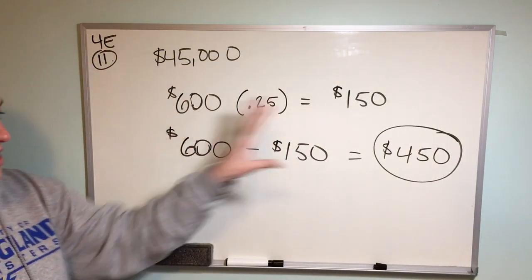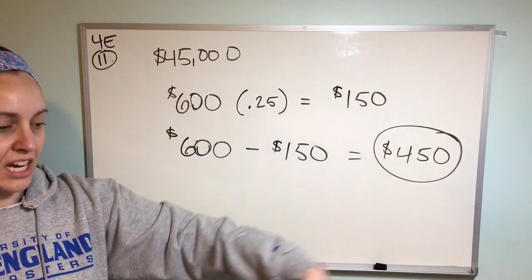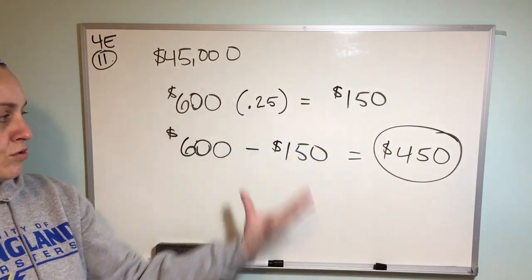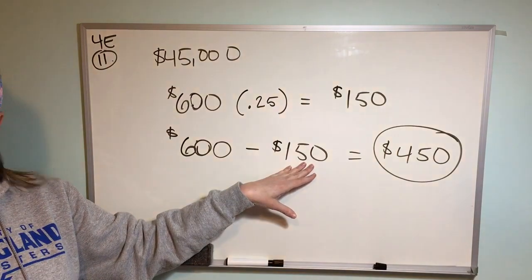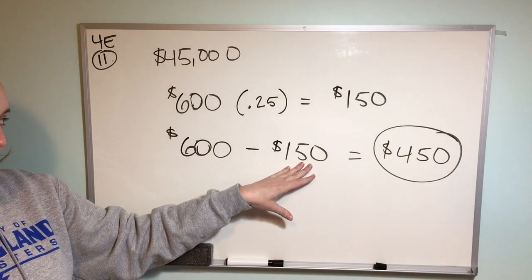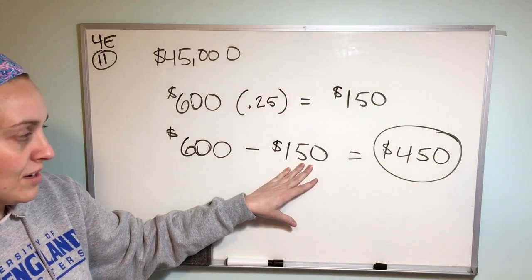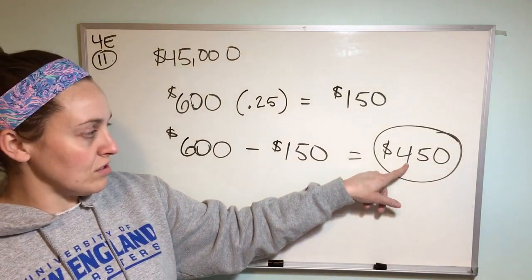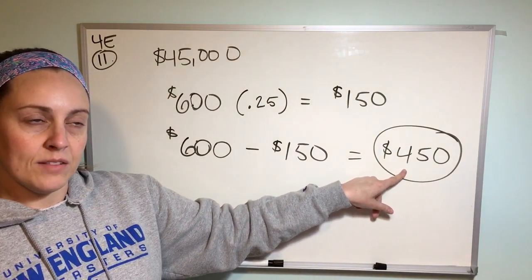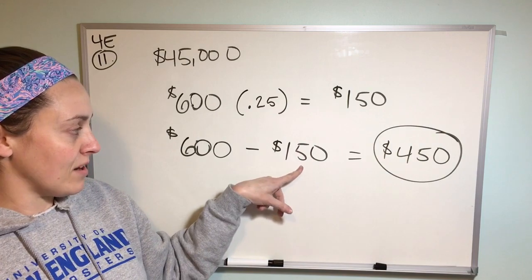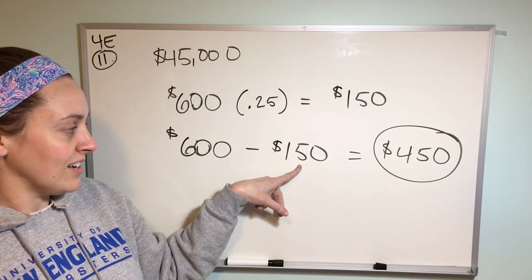You're setting $600 aside, right? That's actually coming out of your paycheck. But usually you have to pay $150 on it in taxes. Since it's not going to be taxed, you're actually only losing this much money overall. Because if it was taxed, this amount of money would have never been yours.